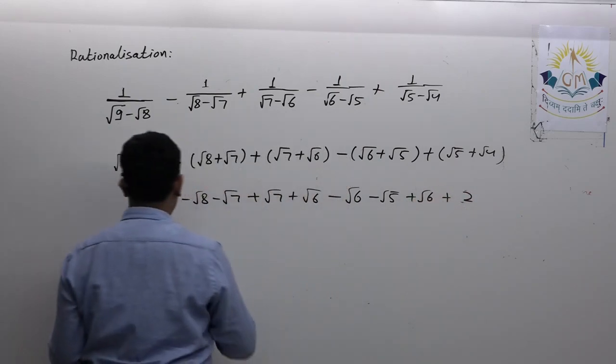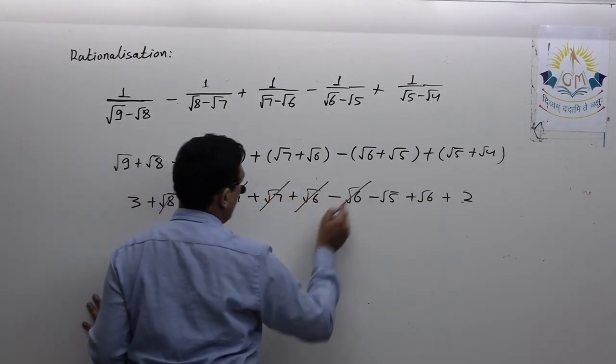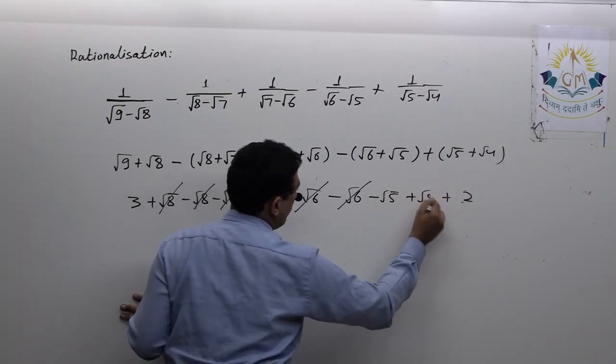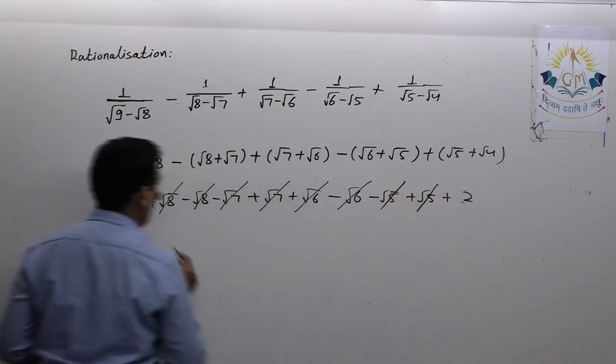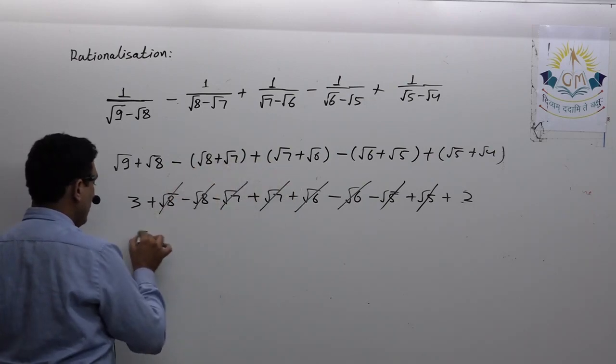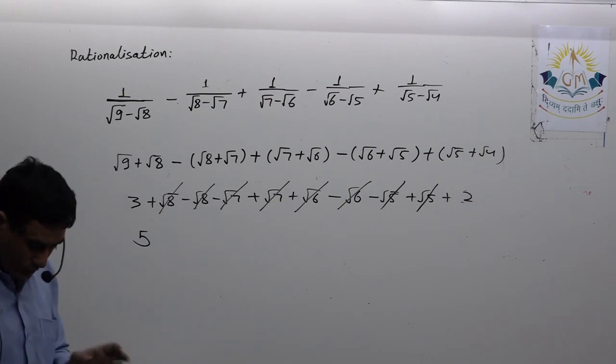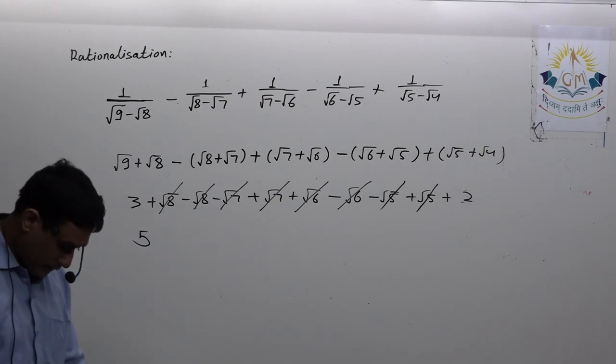So here you can see minus root 8 plus root 8, minus root 7 plus root 7, plus root 6 minus root 6, and root 5 minus root 5 cancel. So finally what we will get is 3 plus 2, that is 5. So this is one more question. This type of question can be asked in your exam.